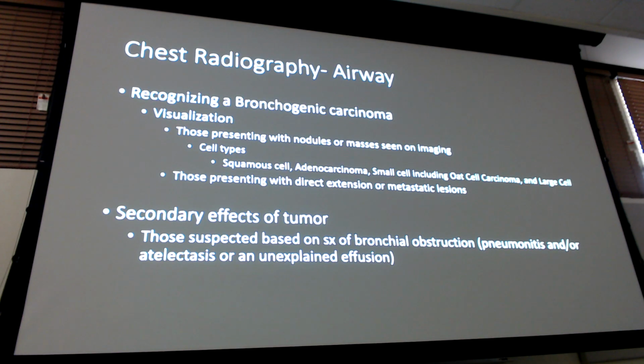We are going to go over the squamous cell, the adenocarcinoma, the small cell, and the large cell. You are going to be able to tell, hopefully, by the end of this lecture, or at least by the end of studying it before the exam, based off of patient presentation and appearance and location of the mass, what is my most likely bronchogenic carcinoma type?